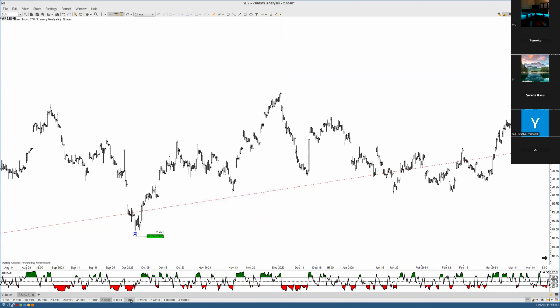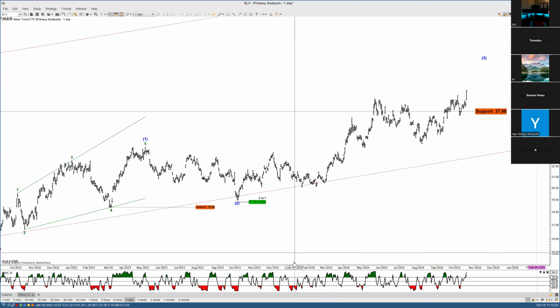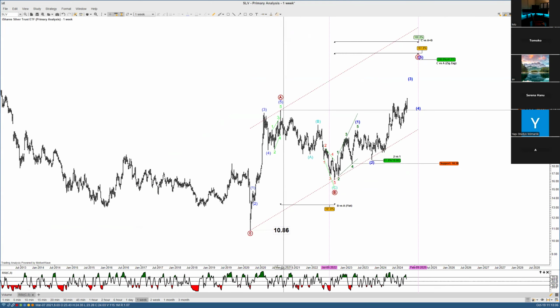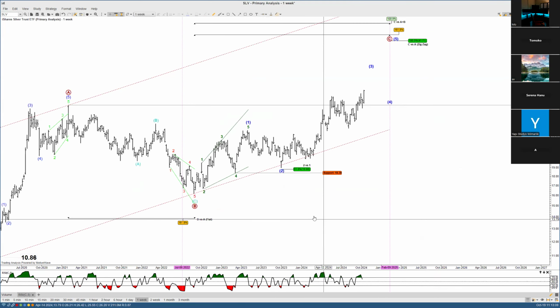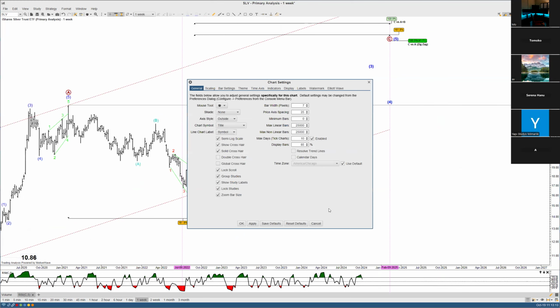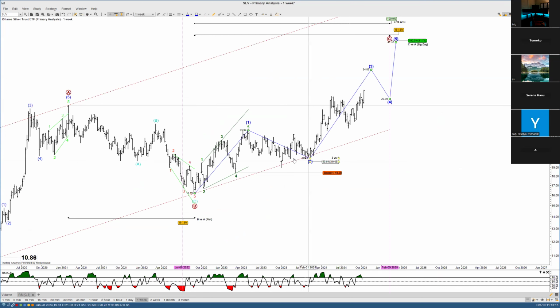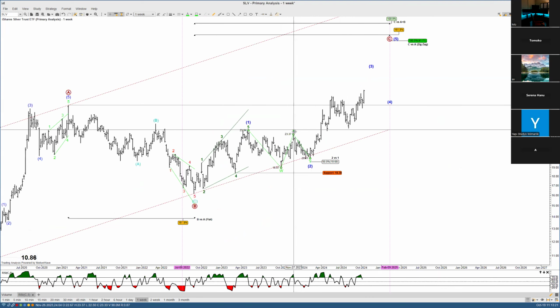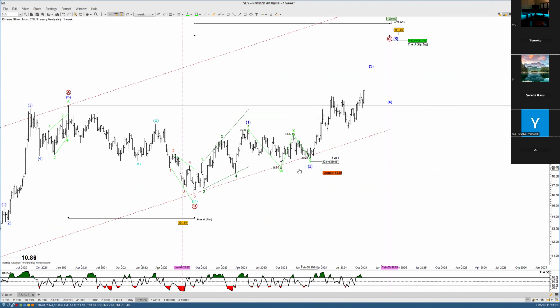So now we go back to the daily. No, sorry, weekly. So we go to the weekly. Instead of putting 2, we need to put 2 here. So we need to make this some sort of a complex correction.